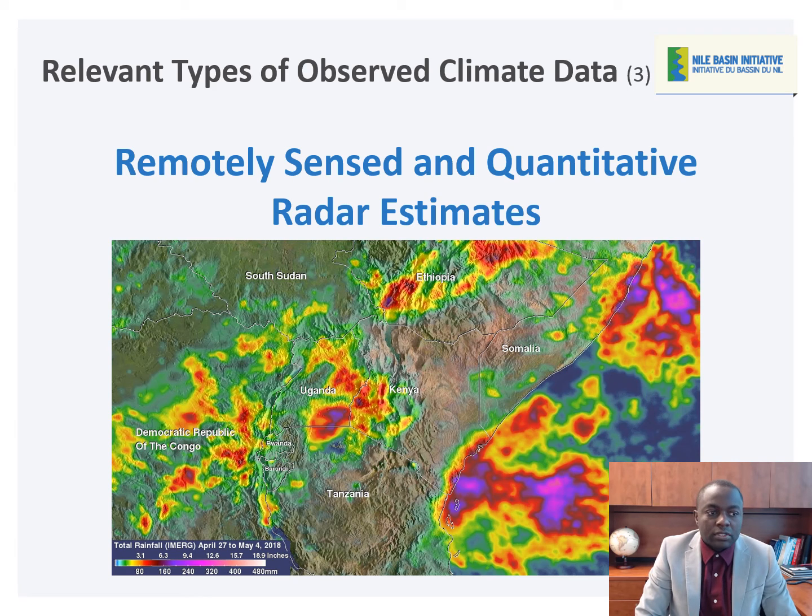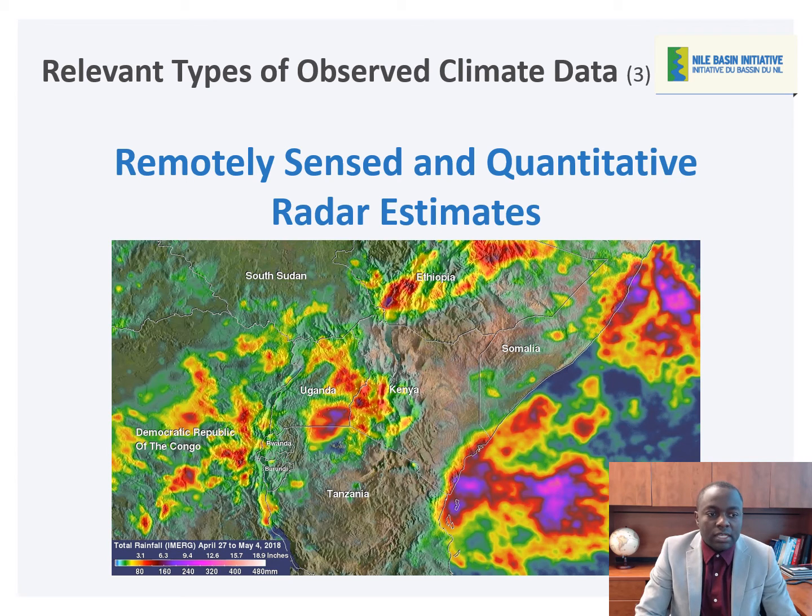Another very important gridded data product are remotely sensed and quantitative radar estimates. Remotely sensed data from satellites or aircraft provide meteorological information at fine spatiotemporal resolutions and regular intervals.